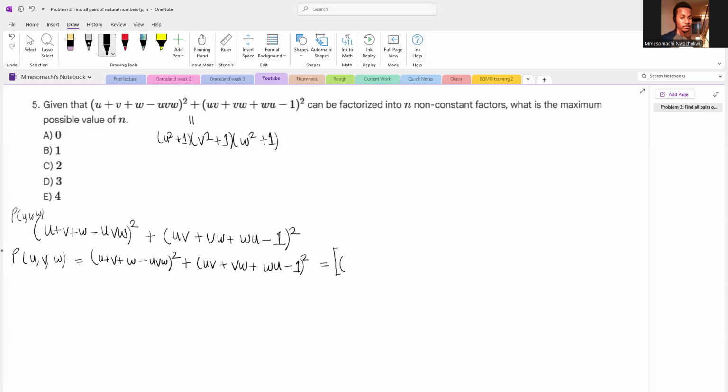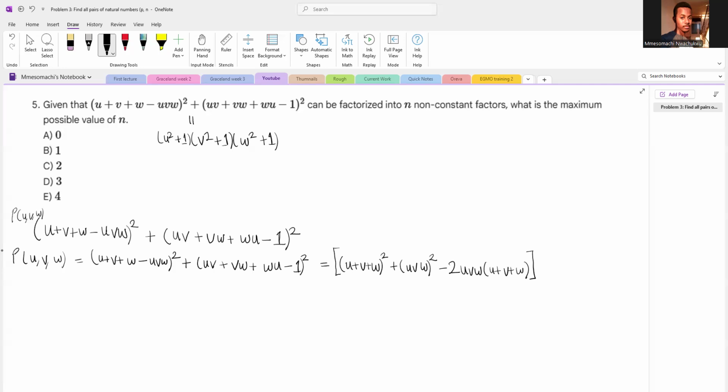So this becomes (u + v + w)² + (uvw)² − 2uvw(u + v + w).